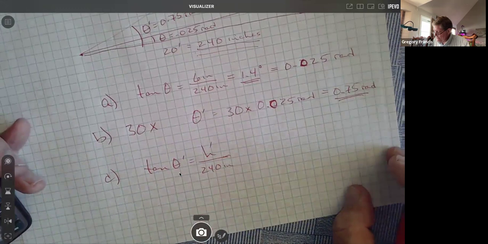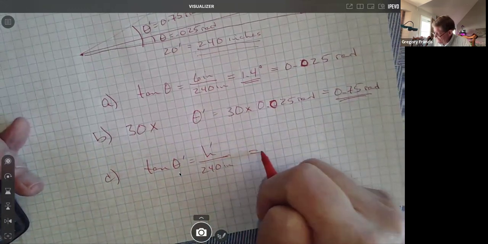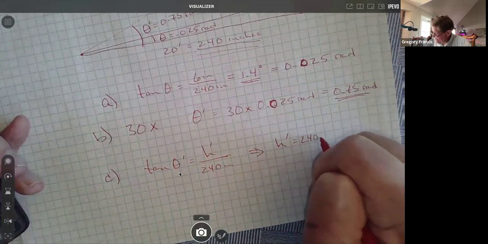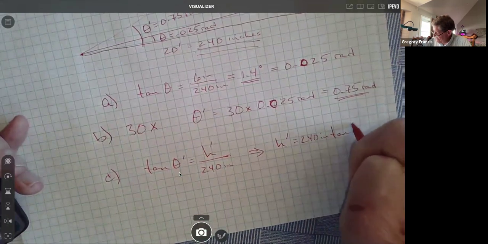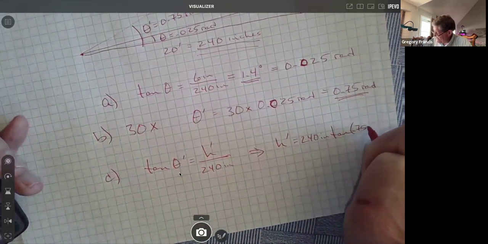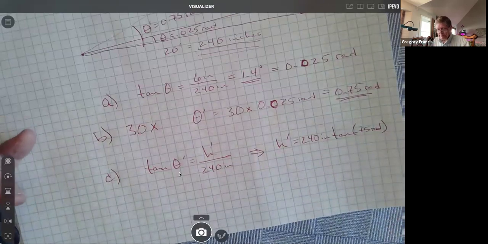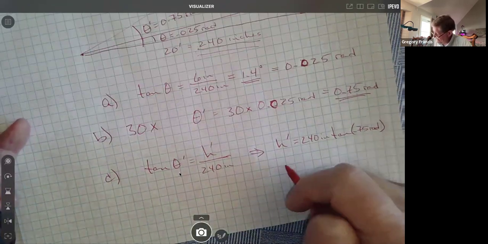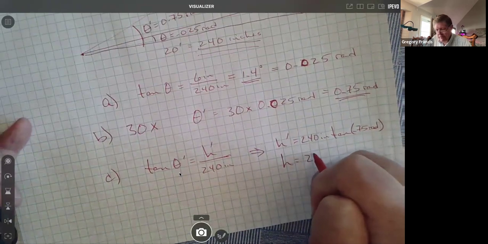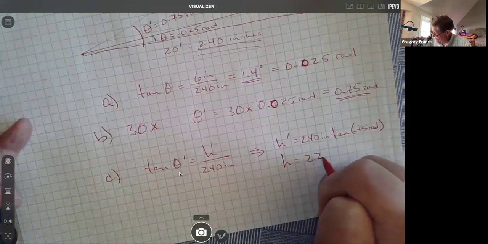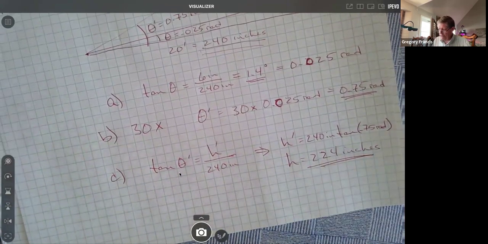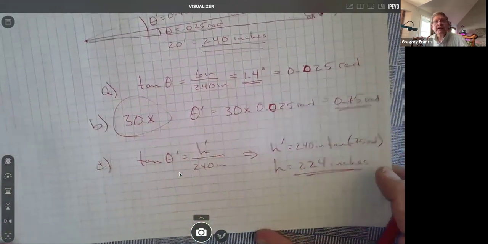So if I solve that for h, that's going to be 240 inches times the tangent of 0.75 radians. So if I take the tangent of that and multiply by 240, what I get is an h of 224 inches. Okay, and it's going to be a different number for you because you have a different magnification.